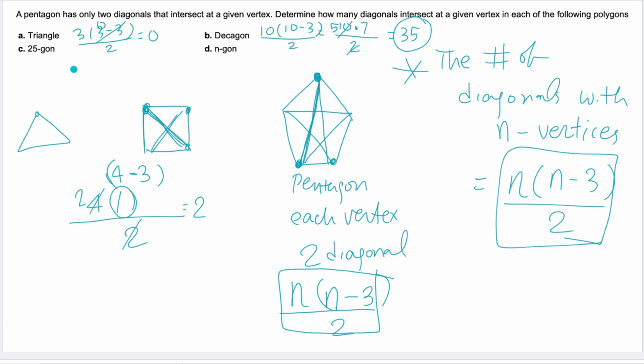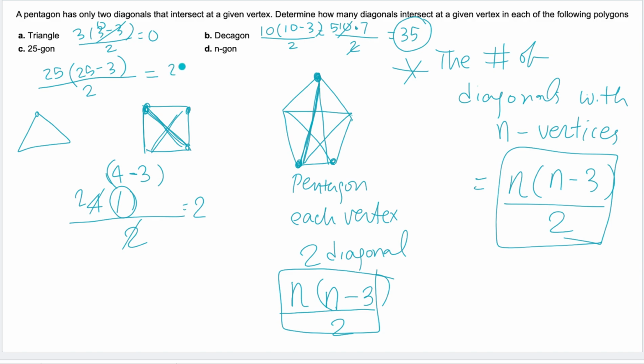How about a 25-gon? There are 25 vertices times 25 minus 3 that are not available to draw diagonals. But since we drew diagonals twice from each vertex, both endpoints, we can divide it by 2.